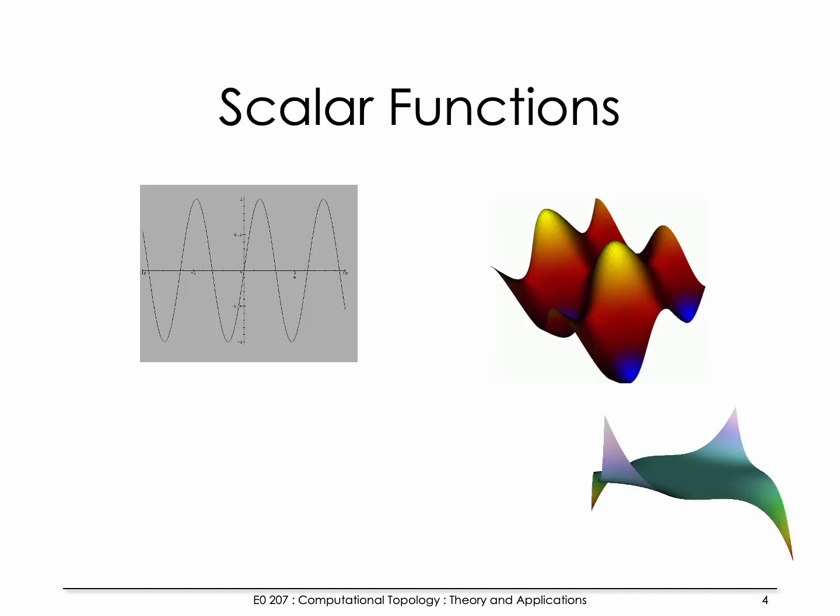Let's begin by talking about scalar functions, the topic of today's lecture. We are going to restrict ourselves to simple domains initially. The more familiar Euclidean space in 1, 2, and 3 dimensions, so R, R2, and R3.